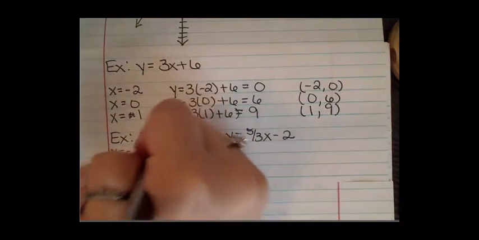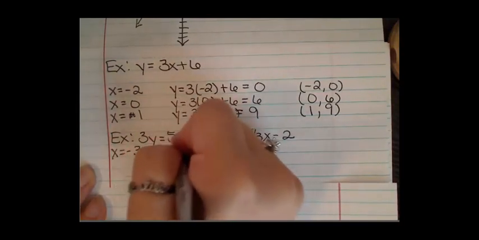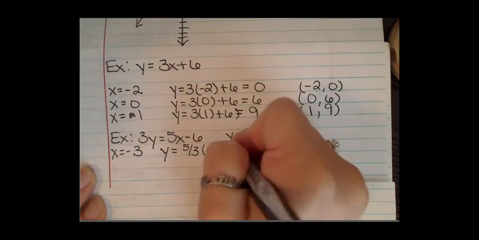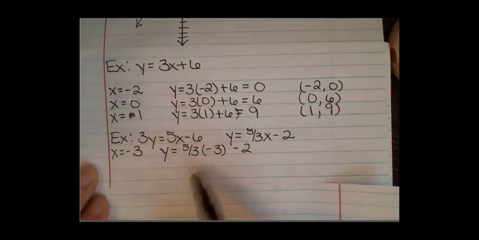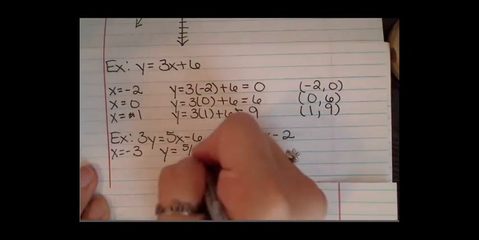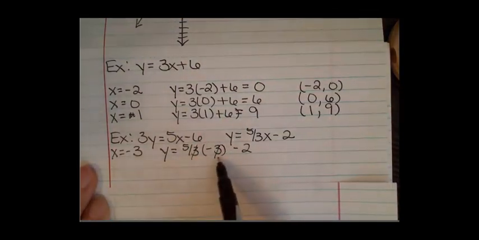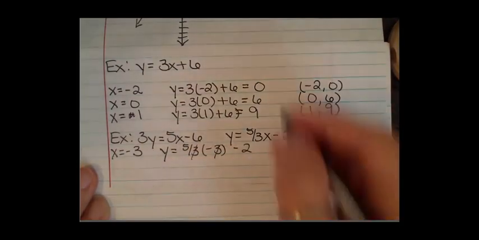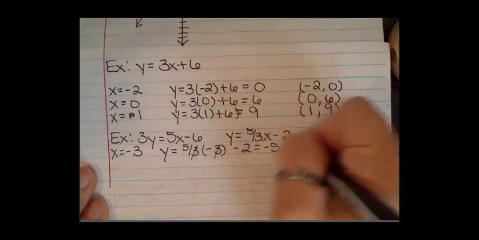So it'll be y equals 5 over 3 times -3 minus 2. Because when you take 5 over 3 times the -3, that'll make the 3's go away, and you'll just be left with a -1 up there. So then it'll be -5 minus 2, which equals -7.